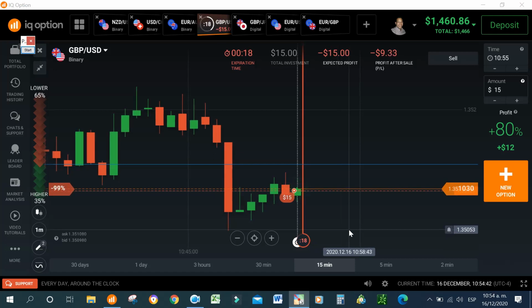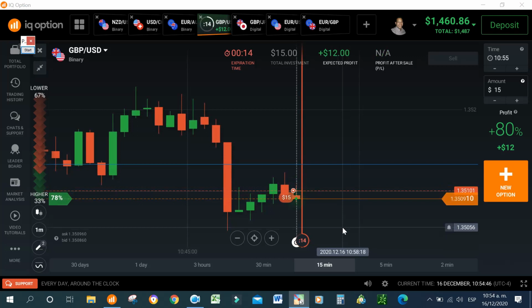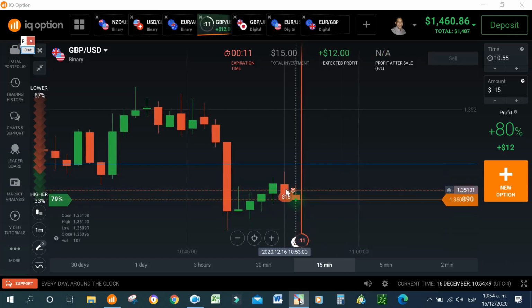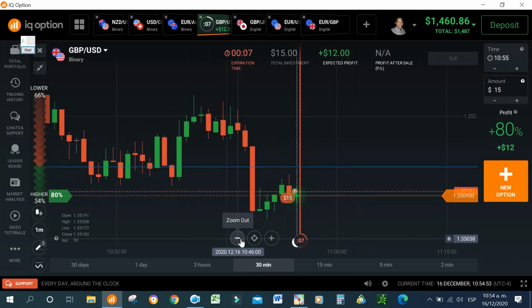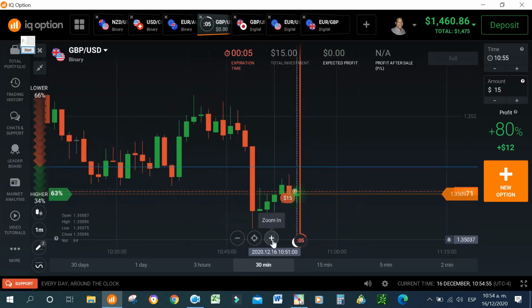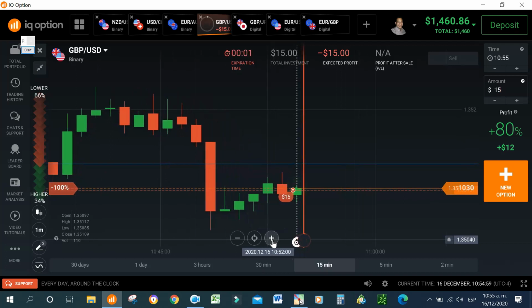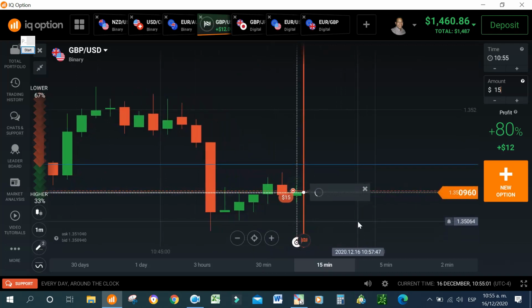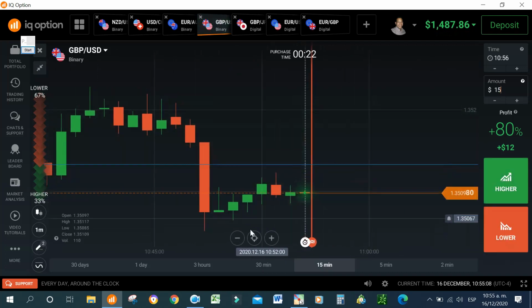Of course I can lose this one too because the market can do whatever it wants, but I have the probabilities in my favor in this case. Four seconds, let's wait, and we win this trade. Guys, we won this trade too.